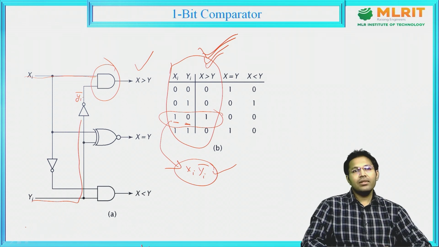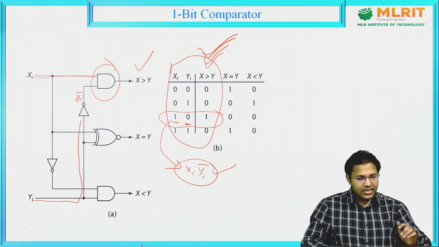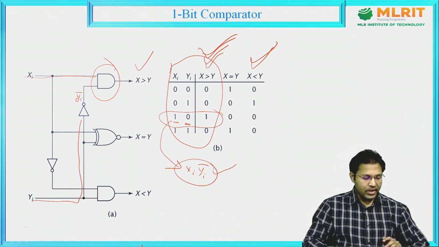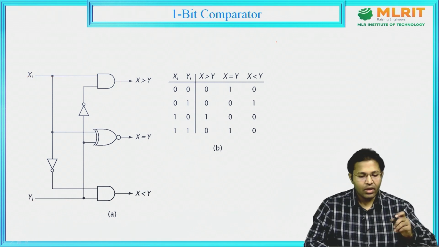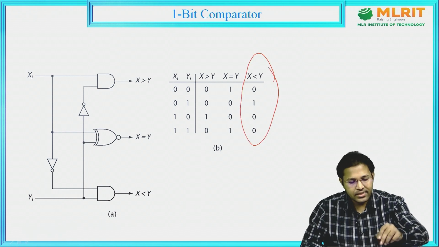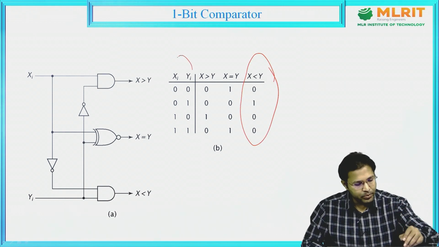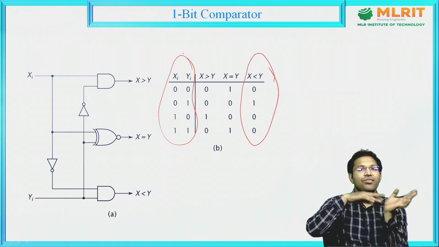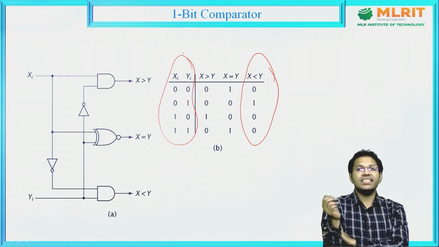Fine. Now only the last column is pending. If we complete that, we complete the circuit diagram. So how can we get this? Again we will see the inputs and only the last column, because we have to develop the circuit for the last case, which is x less than y.